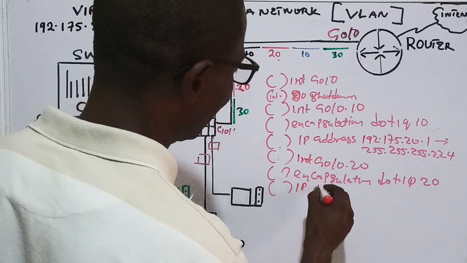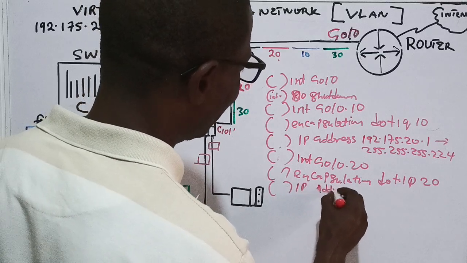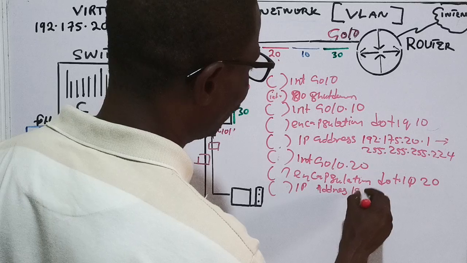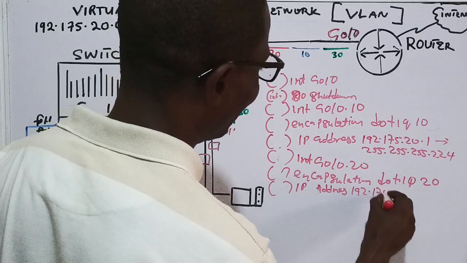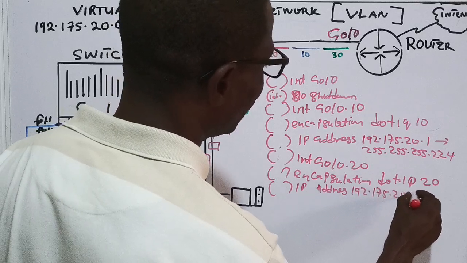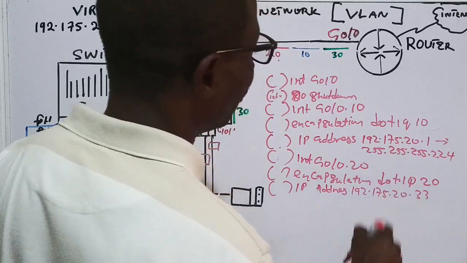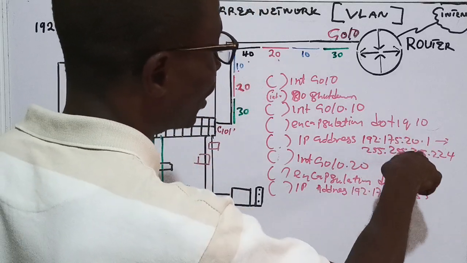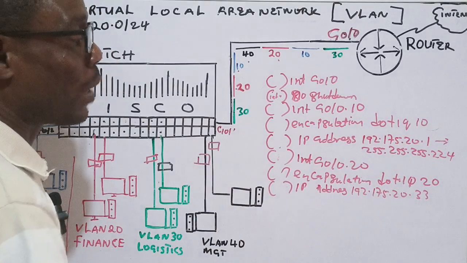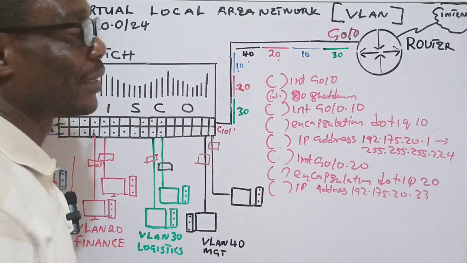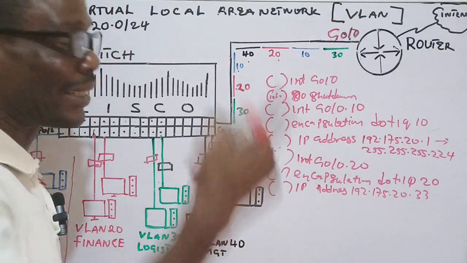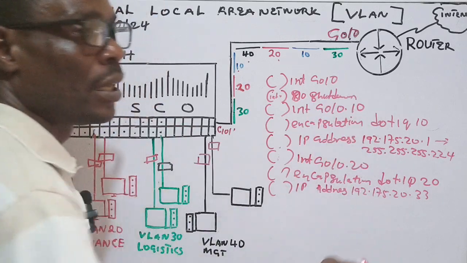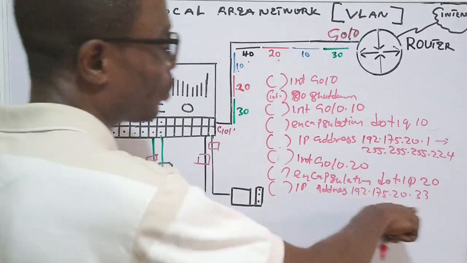IP address 192.175.20.33, because the first one finished at 30. 31 is the broadcast address, 32 is the network number, and 33 is the first address in this subnet.